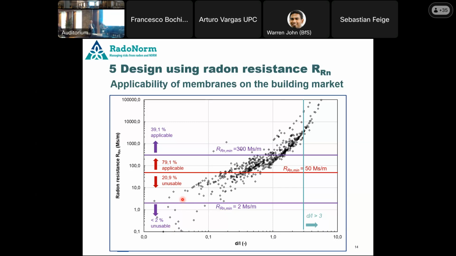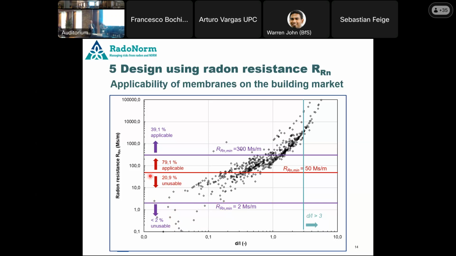In this diagram, each dot represents one waterproofing product in which we have measured the radon diffusion coefficient. And here you can see its radon resistance. So you can see 650 dots. For example, the minimum radon resistance of 2 megasecond per meter is satisfied by, let's say, 98% of waterproofing products available on the building market.